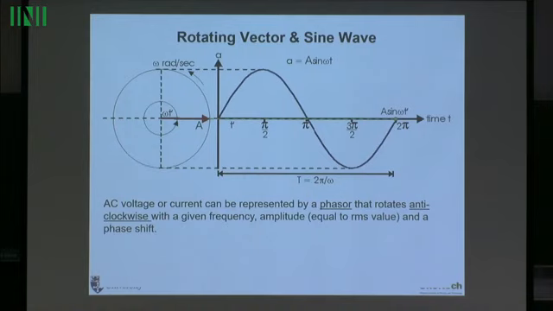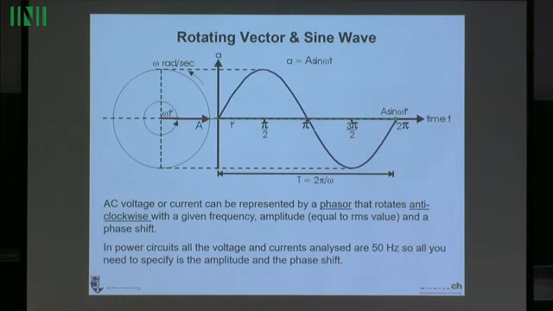For some reason, Mr. Steinmetz came up with the idea that they rotate anti-clockwise. I don't know why, but this is what everyone assumes. With a given frequency and amplitude, I mean in a power circuit it's not the amplitude but the RMS value, root mean square value, because that's to do with power, which will be the amplitude divided by root 2. And they will have a phase shift.